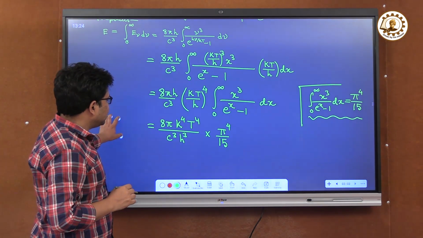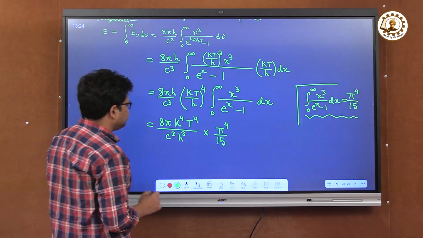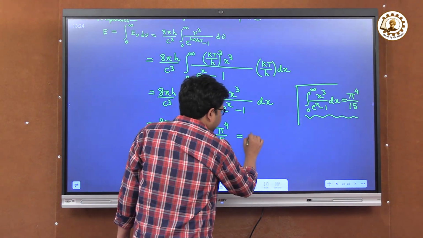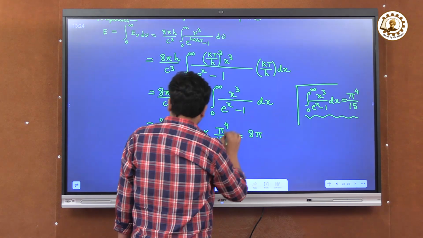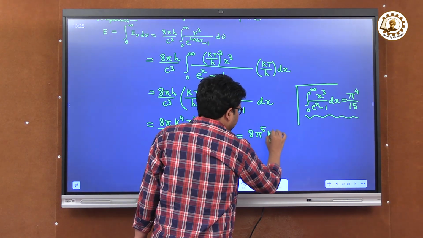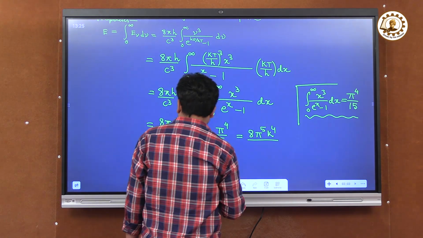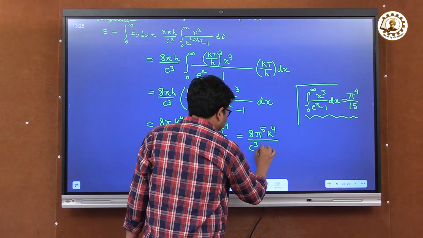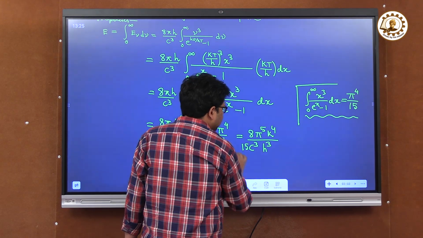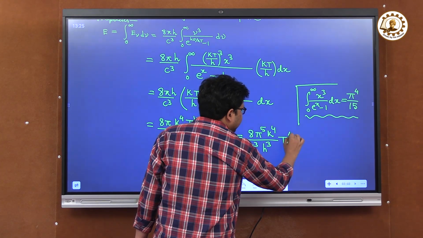So therefore, after simplification, we have 8 pi to the power 5 k to the power 4 by c cube h cube, and there is a 15 also, 15, T to the power 4.